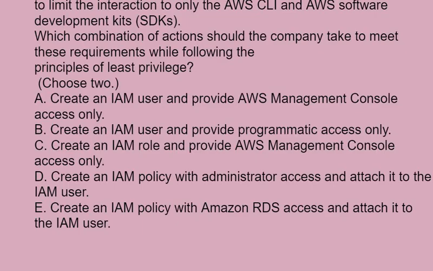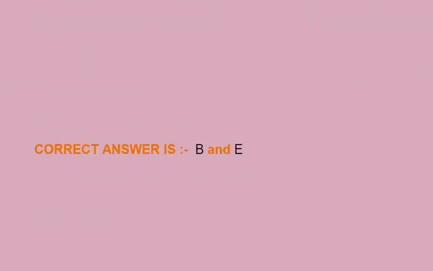Option D, create an IAM policy with administrator access and attach it to the IAM user. Option E, create an IAM policy with Amazon RDS access and attach it to the IAM user. Correct answer is option B and option E.